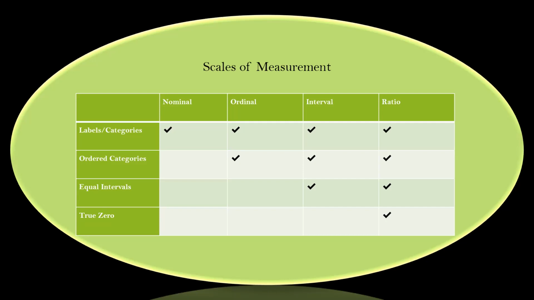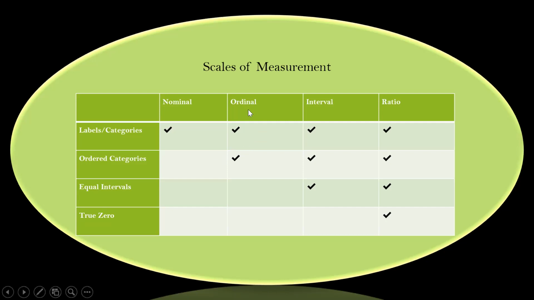Your phone number, you can't say my phone number has more than yours, because even though there's numbers, the numbers could be replaced with letters, and it's just designed to say my number is distinct, is different from yours. Social security numbers, your race, gender, sex, political preference, these are just nominal classifications.